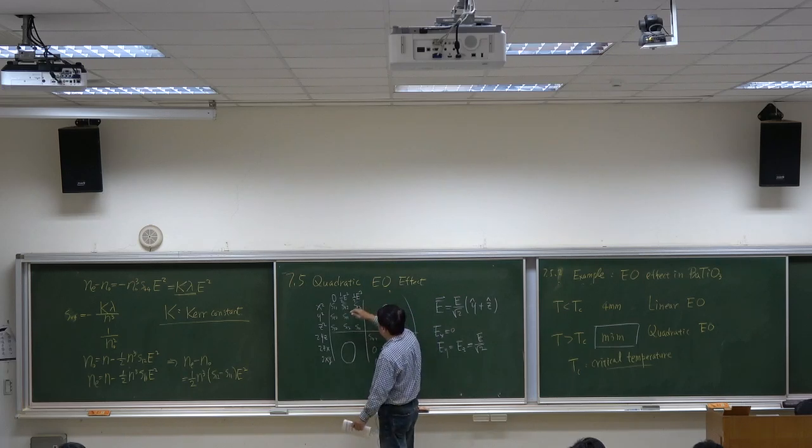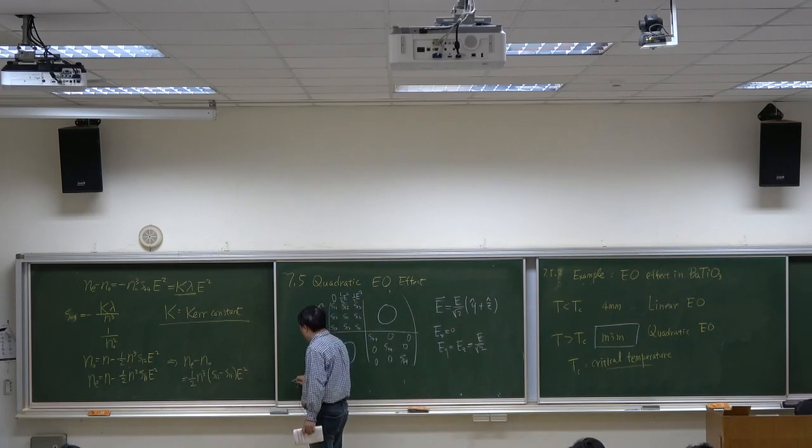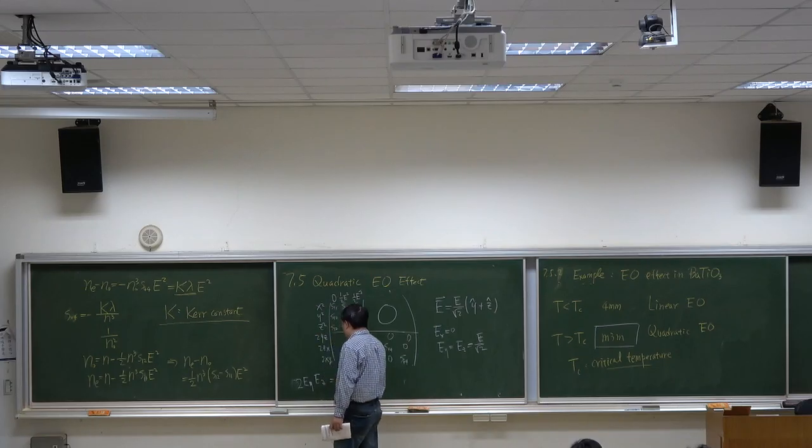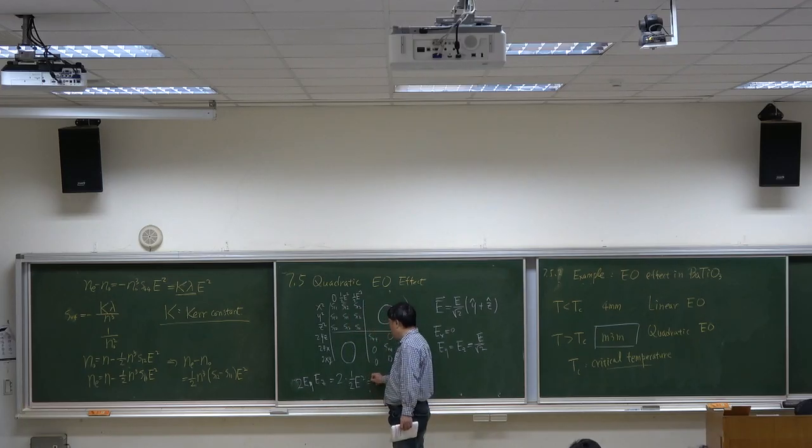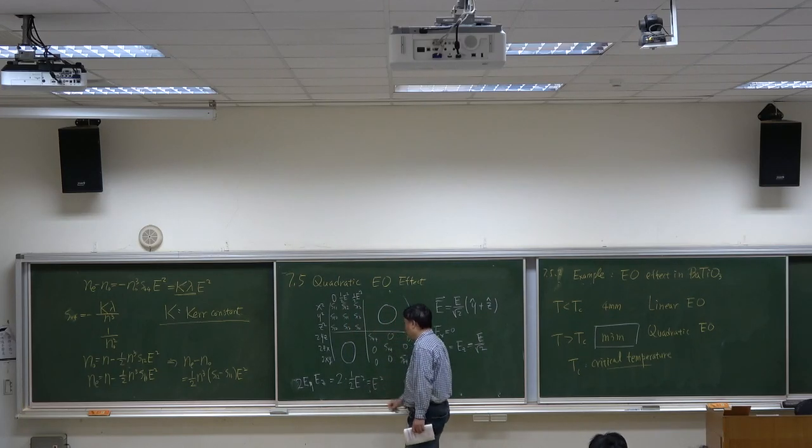For 2yz, 2EyEz is equal to 2 times 1/2 E squared, which is equal to E squared.